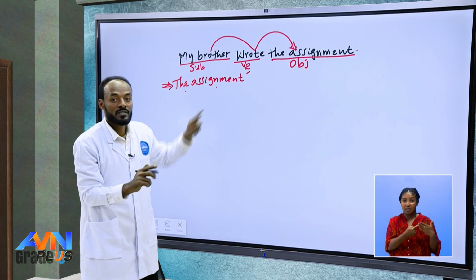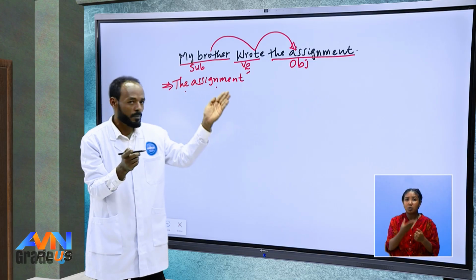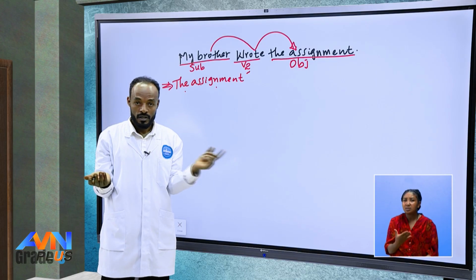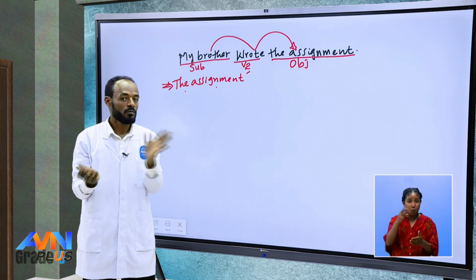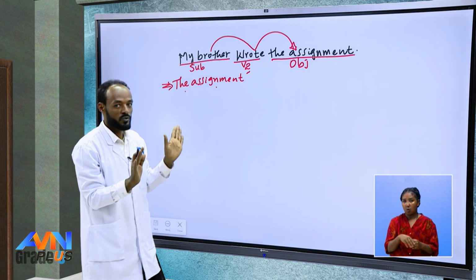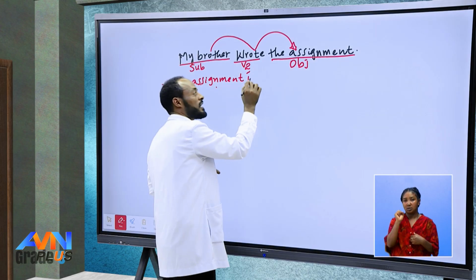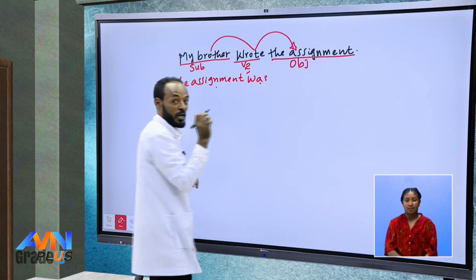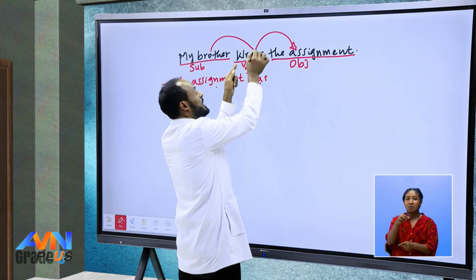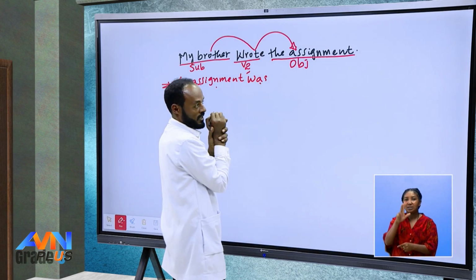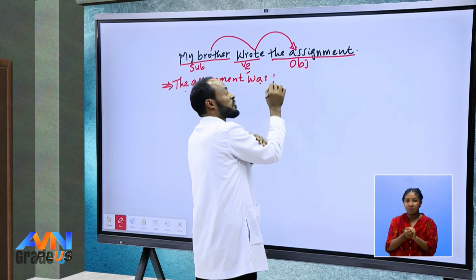Here, is the subject singular or plural when we say the assignment? How many assignments are here? Only one assignment. So, can we use were? No. So, we have to use what? Was. I hope I'm right. The assignment was. Then what about the verb 3 form of this one? Yes? Written.